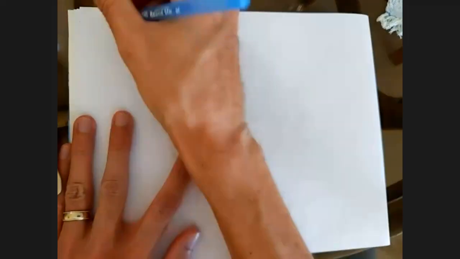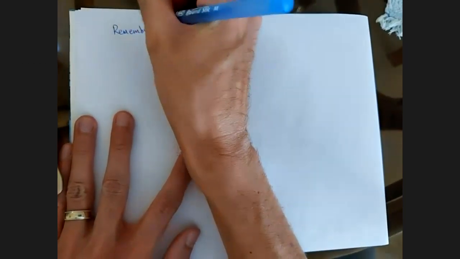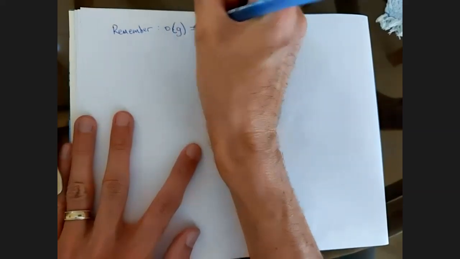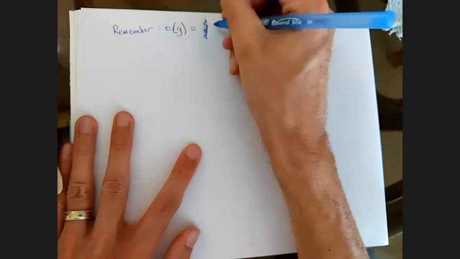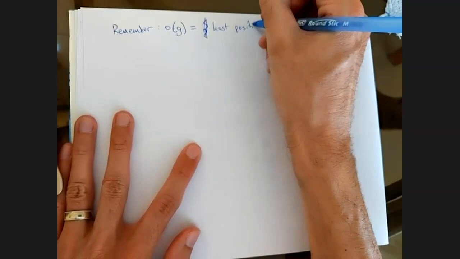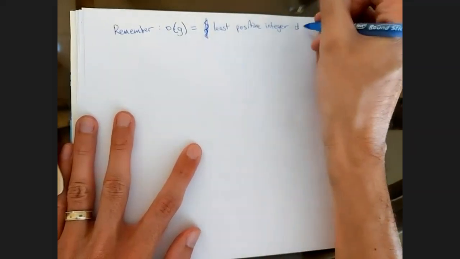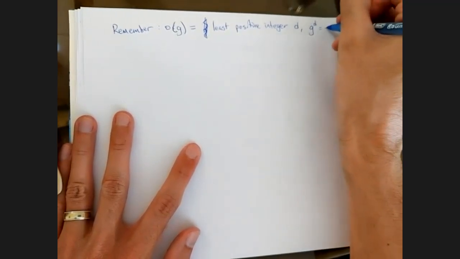Reminder: the order of g is the least positive integer d such that g to the d equals the identity.